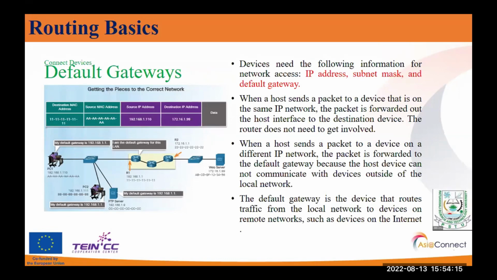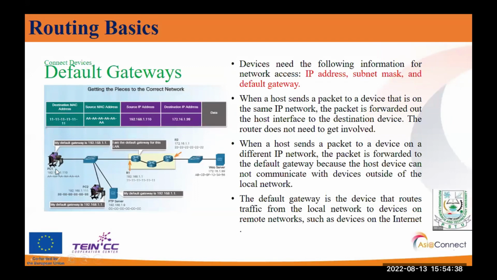And the default gateway identifies the IP address of the router to send a packet to when the destination is not on the same local network subnet. Suppose PC1 wants to access this web server.